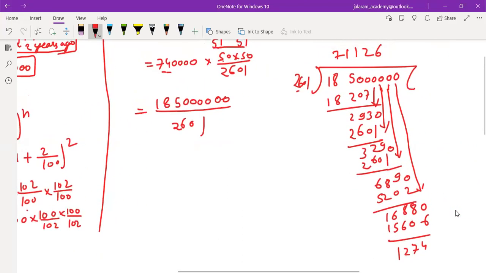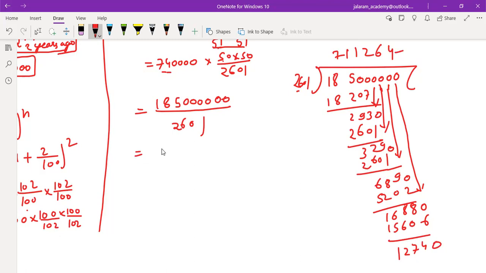Then one more 0 is there. 26 4s are approximately 5s are, but not required after this.